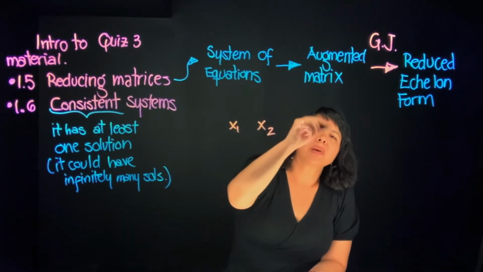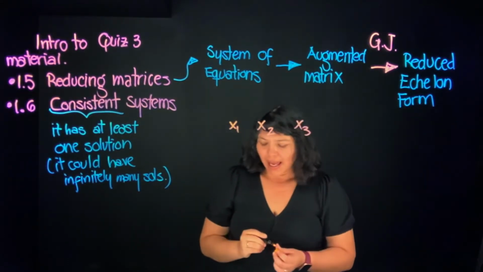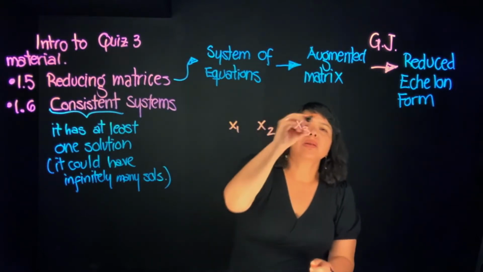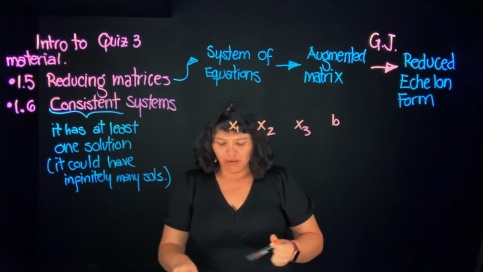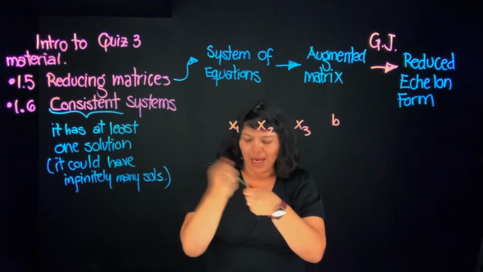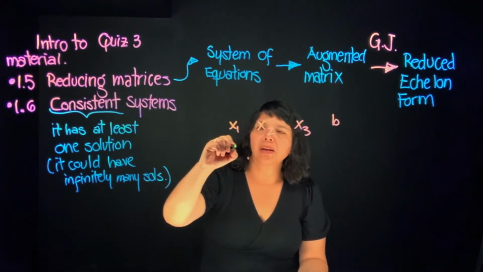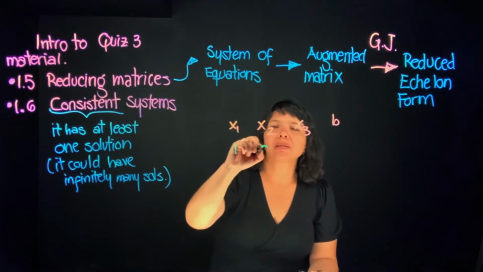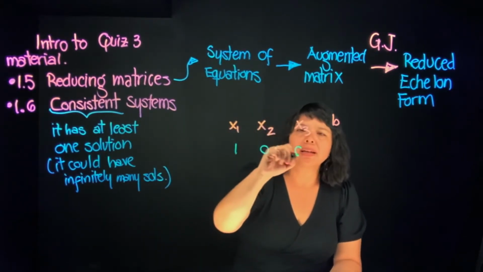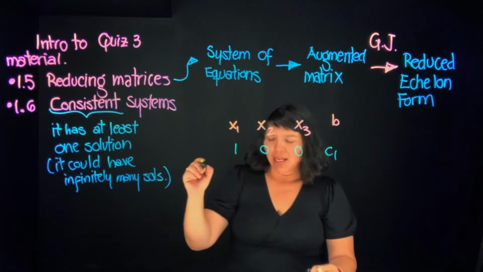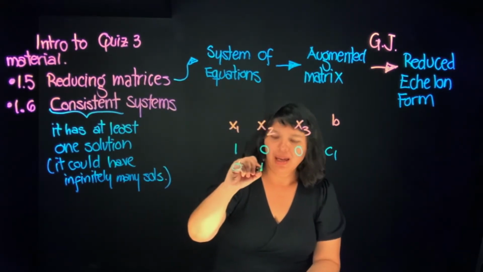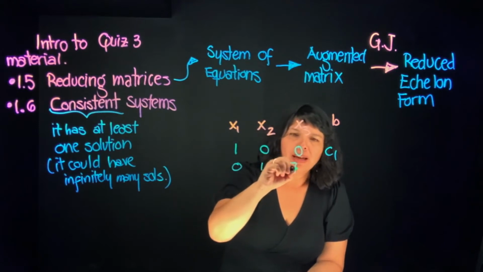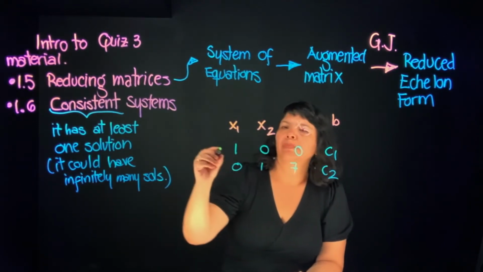And then this is my column for the constants, so we got that with the b's, b1, b2, and b3. And then I'm trying to reduce that, and I reduce it, and I have something like this. And suppose that I started with two equations, so I get something like this.